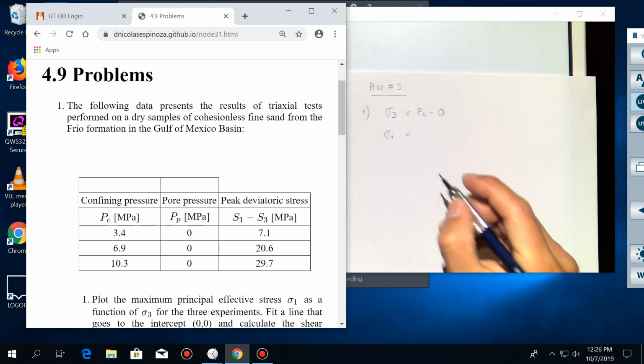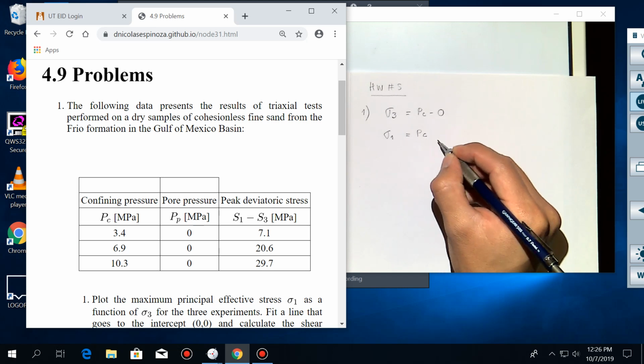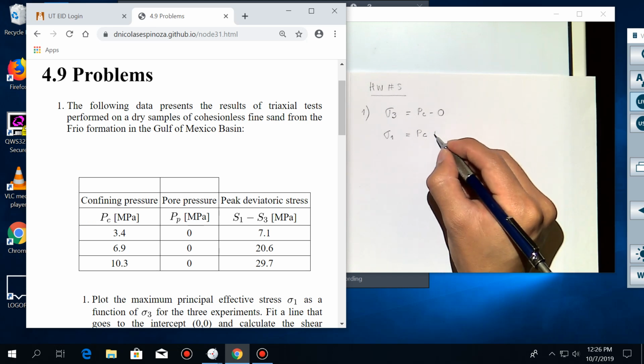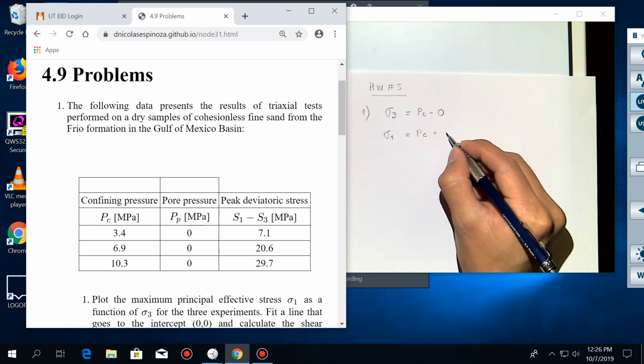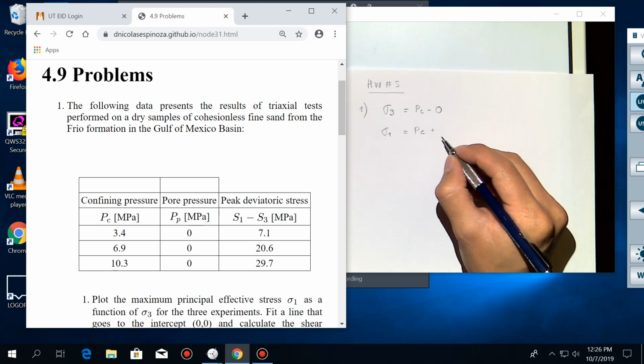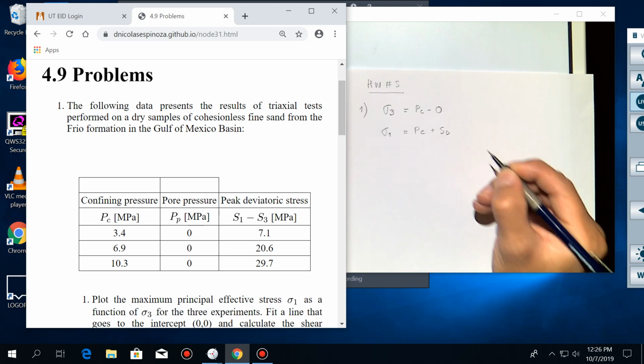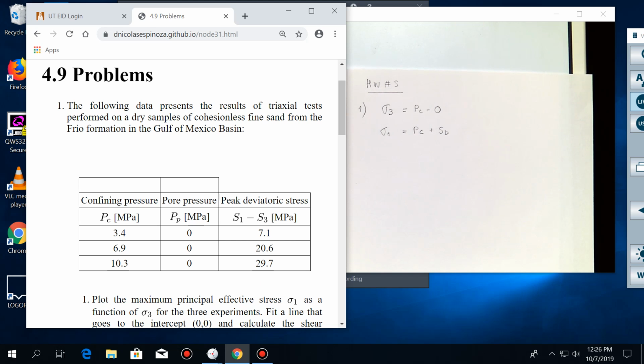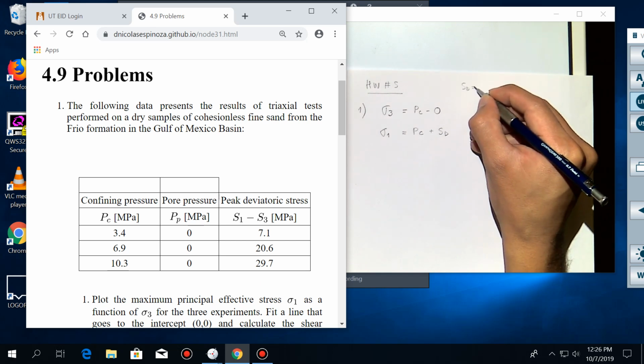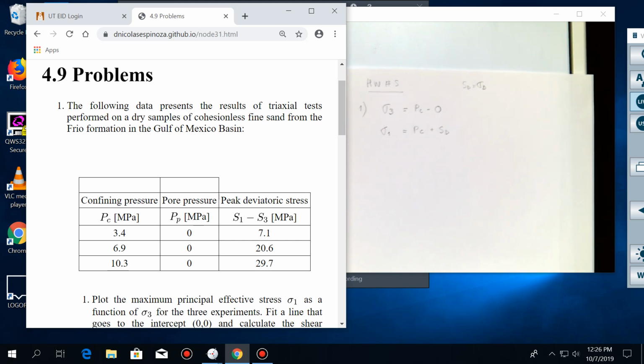So this is just PC plus this value of deviatoric stress, that I'll call SD. Remember that SD is equal to sigma D. All right, so you have sigma 3 and you have sigma 1.